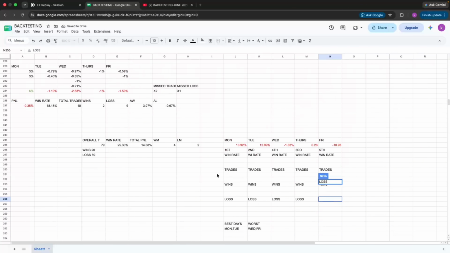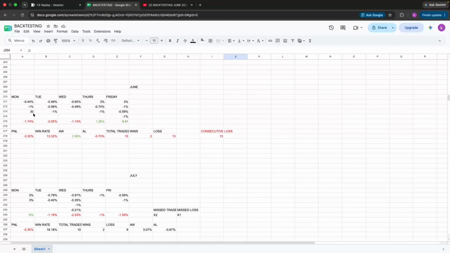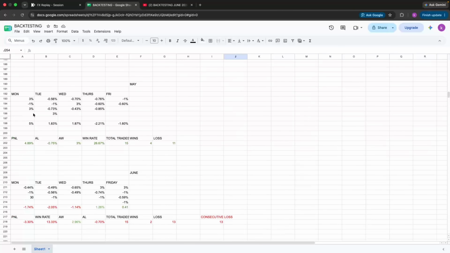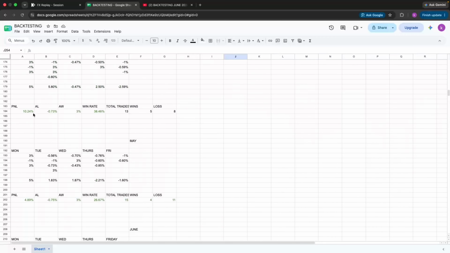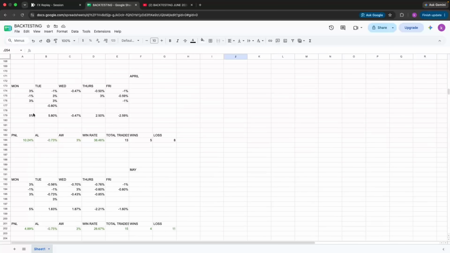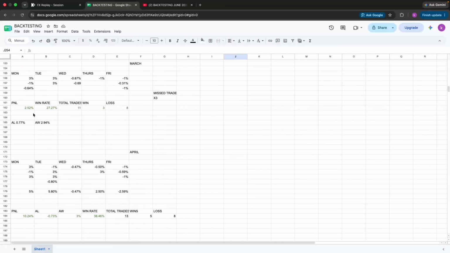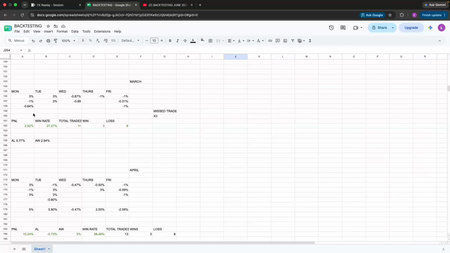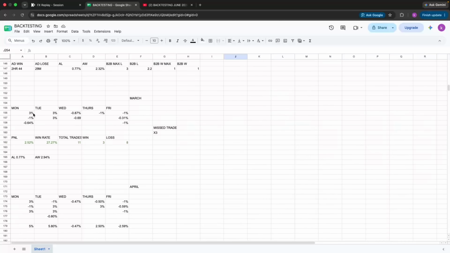Okay. So now the price might break structure to the downside. So wins: 2 in that month, none in that month, 2 again in that month, 2, 2 again that month, plus 1.